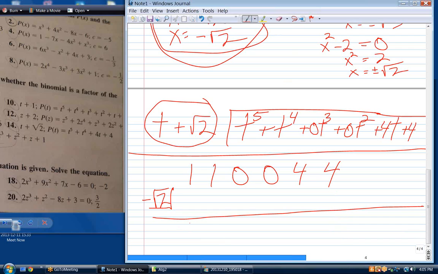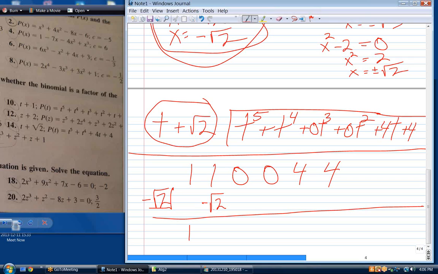Okay. So I'll point my cursor, you tell me what to write. Alright, so bring down the 1, and then you multiply it by negative square root 2, so you get negative root 2. In other words, I'm multiplying negative root 2 by 1, so that gives me negative root 2.